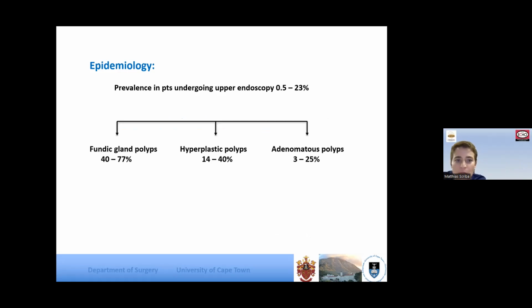Just to remind us all of the epidemiology, it depends obviously where you are based, but up to a good quarter of patients on a normal endoscopy list may end up having an unsuspected polyp. The three most common things that we find are fundic gland, hyperplastic, and adenomas, and we'll take you through those individually.